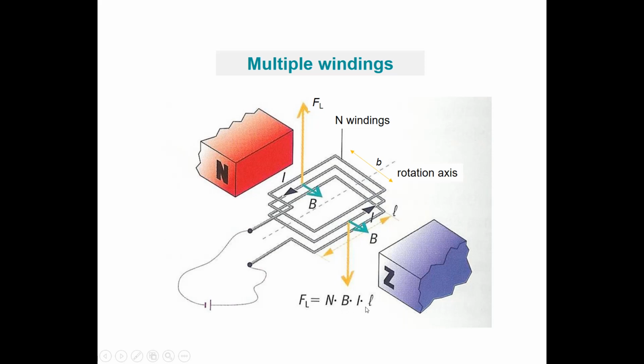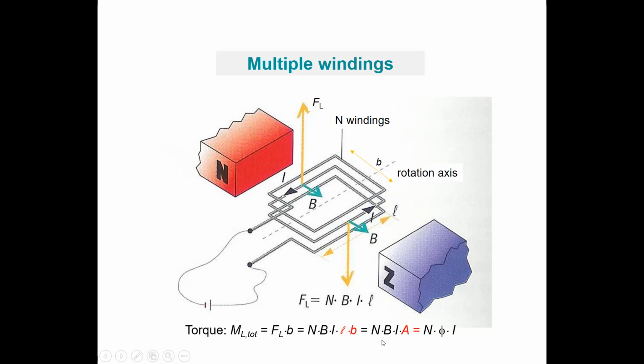So now we know that these windings will start rotating. So what is the complete torque which is established by having multiple windings? It's FL times B, and FL is N times B times I times L. So it's N times B times I times L times B. Notice that L times B, length times width, is equal to the area, the surface of this winding.